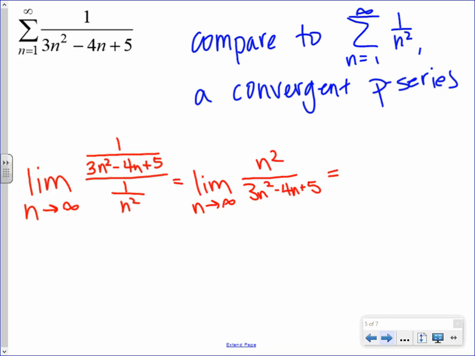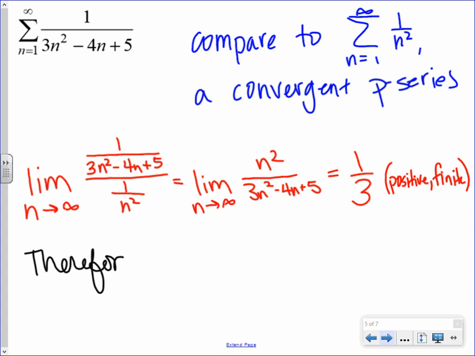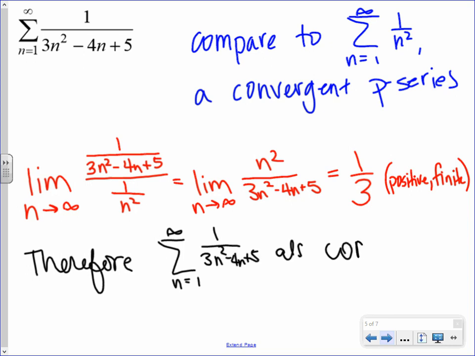What's that limit? 1/3. And what's true about the number 1/3? It's positive and finite. Therefore, the series of 1 over 3n squared minus 4n plus 5 also converges by the limit comparison test.